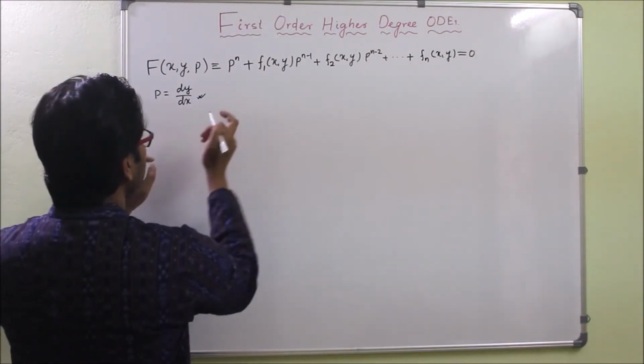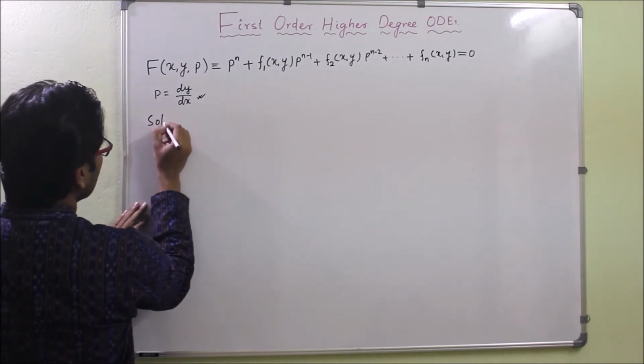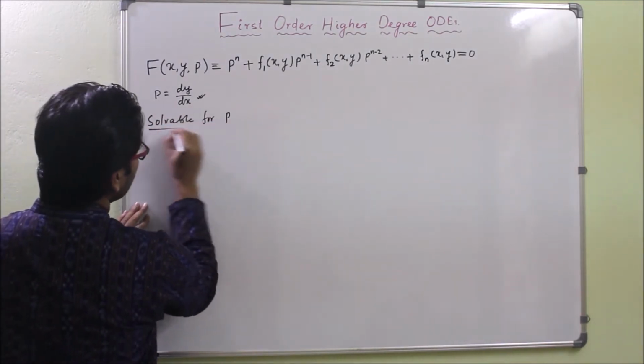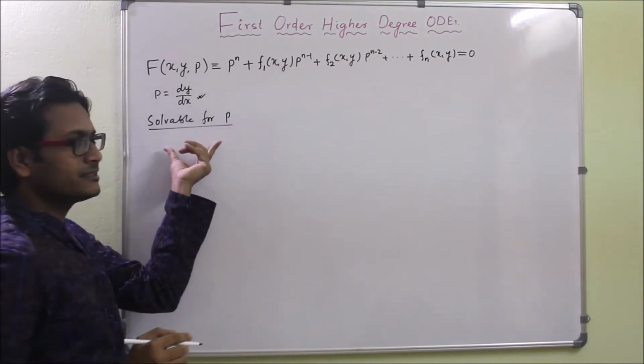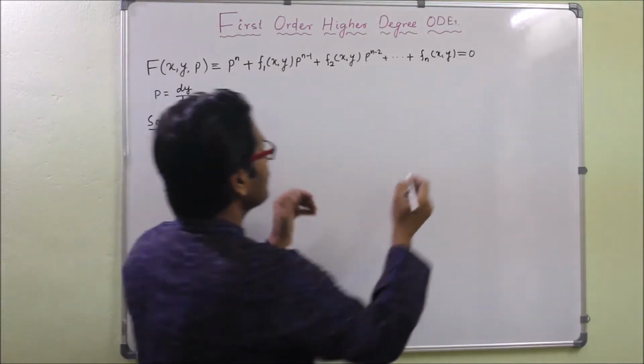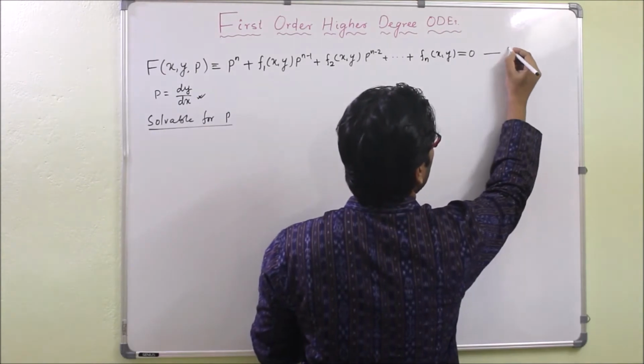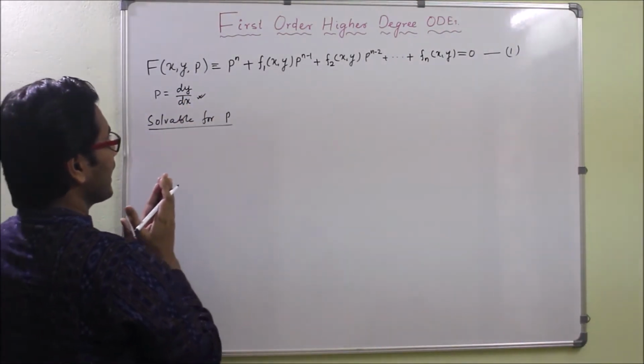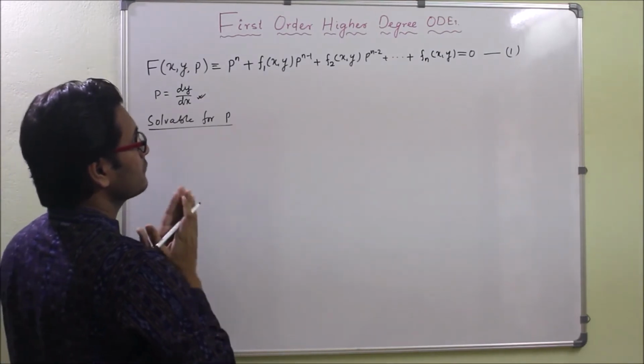Now how to solve this? Through solvable for p. So using this technique, how to solve? If I name it as equation 1, so equation 1 can be written as the product of some factors.